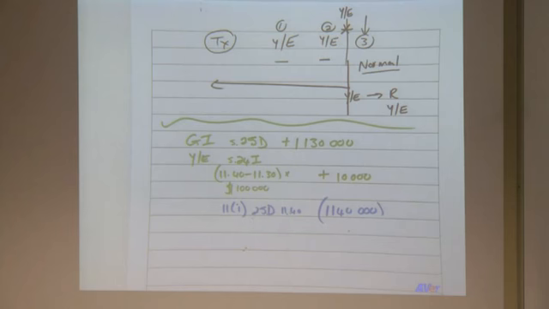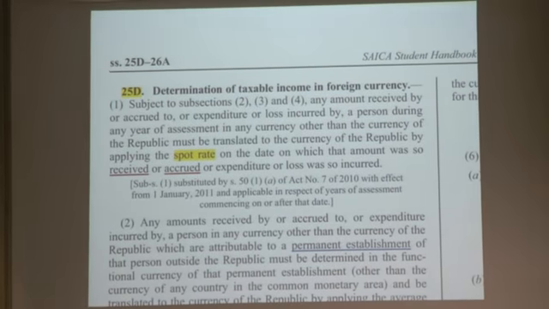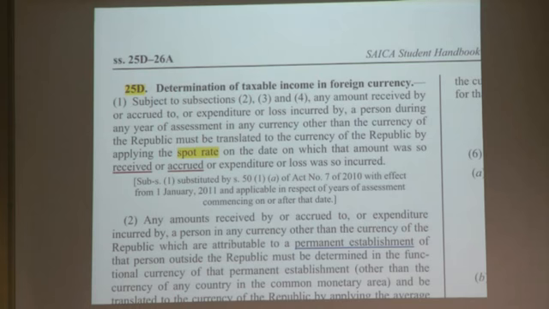So now it says, for any deduction, so if we go to the 25D wording in the legislation, see, that's why you must be careful to apply the gut feeling. You would have said, well, the 1130 was included, so I want to deduct now 1130 because 1130 went bad. It's not 1130 that went bad, it's $100,000 that went bad.